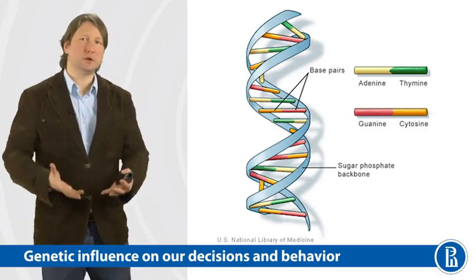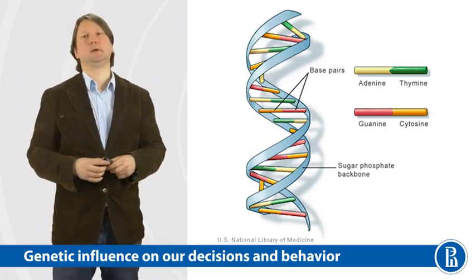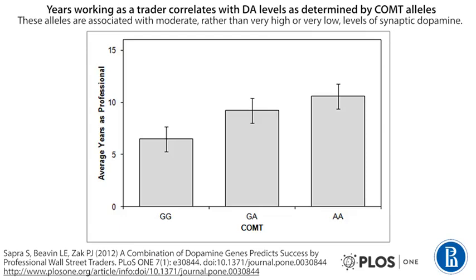Of course, our genes also modulate our decisions. I'll just give you one example. The study was conducted by Paul Zak with traders on the Wall Street market. And he found a correlation between different versions of the gene affecting the level of dopamine and their success on the market. He measured success as average years in the profession. And he found that the moderate level of dopamine related to the gene version AA brings more success to the traders on Wall Street compared to the versions GG and GA.